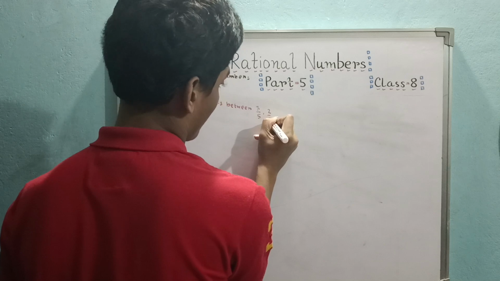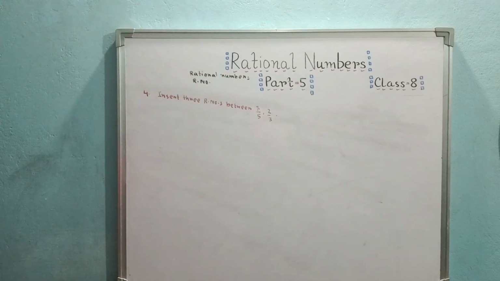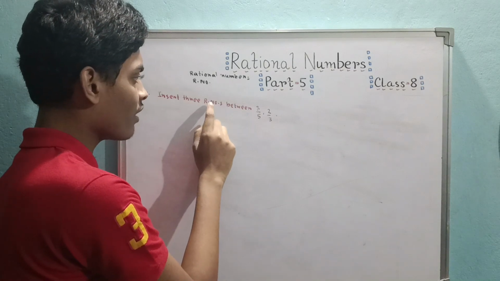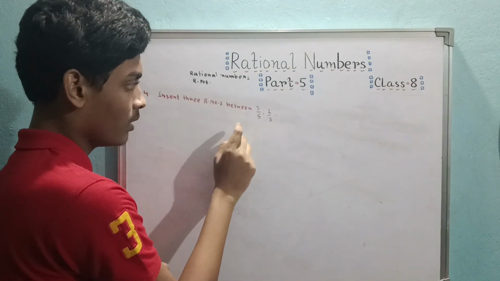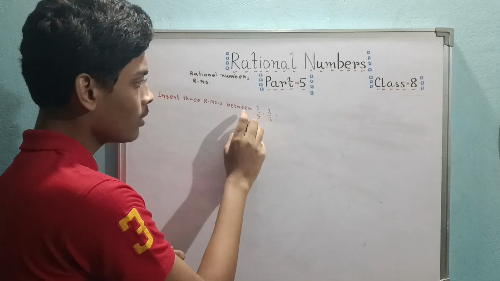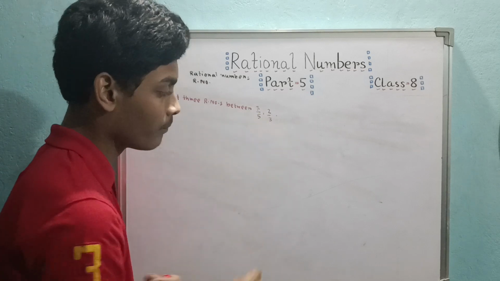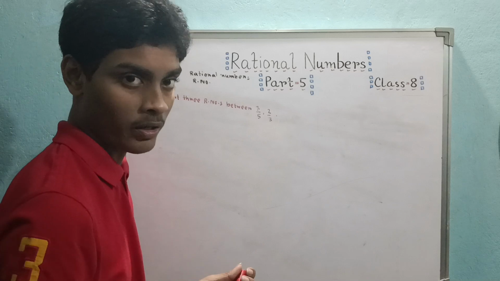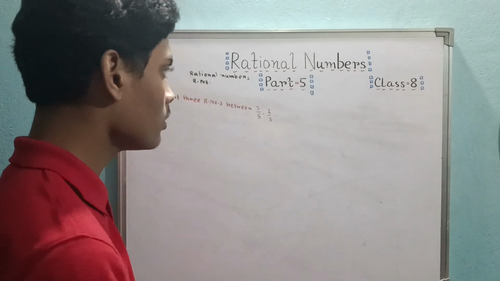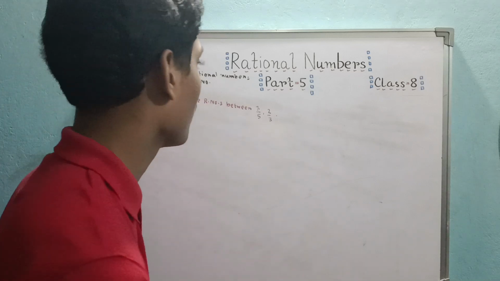Now, to use that method of multiplying the numerator and denominator by one greater than the required rational numbers to be inserted, you have to see if the given rational numbers' denominators are same or what. If not, you have to make them same.